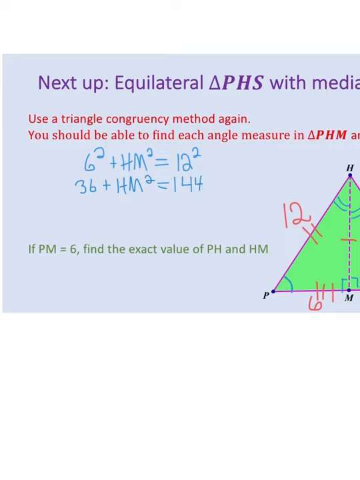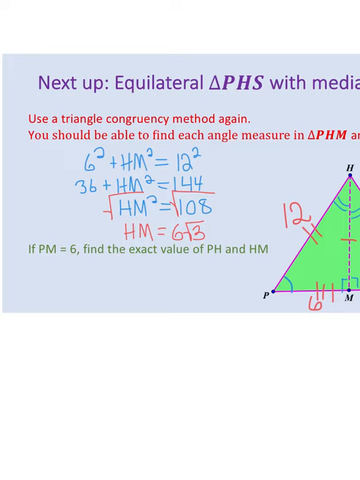Let's subtract 36. HM squared is going to equal 108. Let's simplify this because we're going to have to square root both sides to get HM to not be squared. And what perfect square goes into 108? Go ahead and try to find it and we'll see if our answers match. So pause the video and try to simplify the square root of 108.